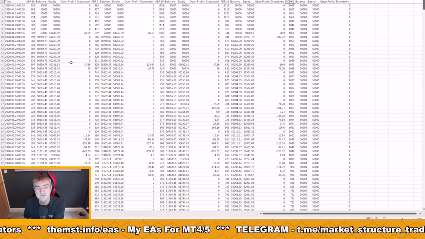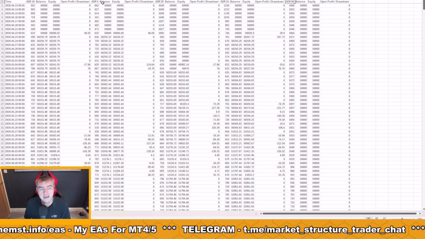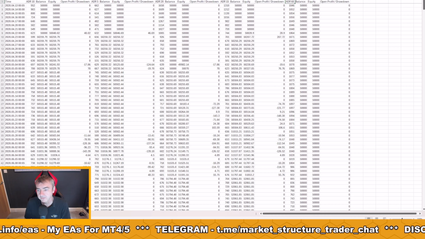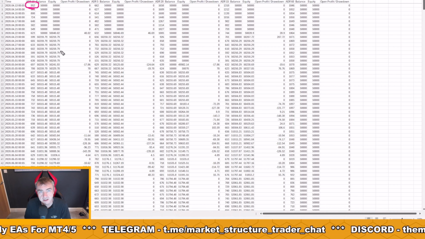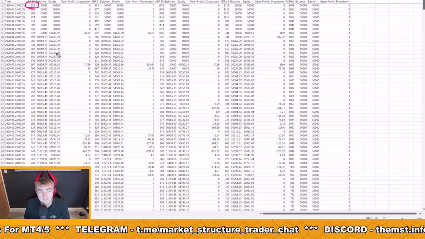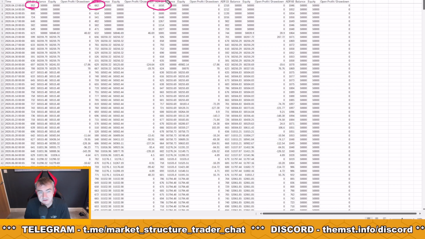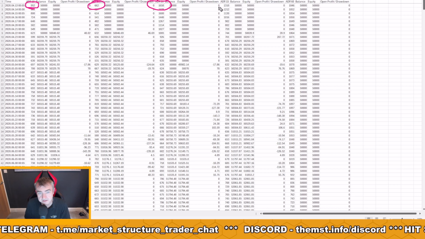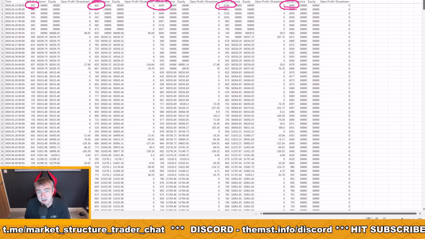I wanted to get lots of different data out so that I could see what the differences were. You can see there's quite a variation in the ADR number. On this particular day at the start of the test, ADR 10 was sitting at 95 pips, ADR 5 was sitting at 66 pips, ADR 20 was 165 pips, ADR 15 was 131, and ADR 60 was 104.